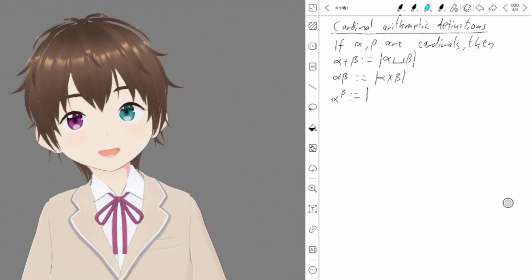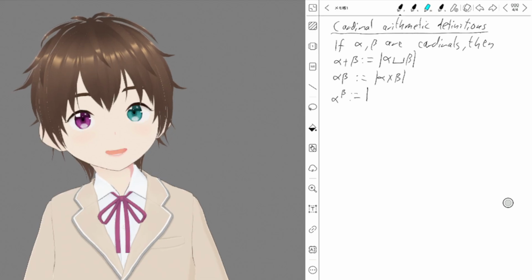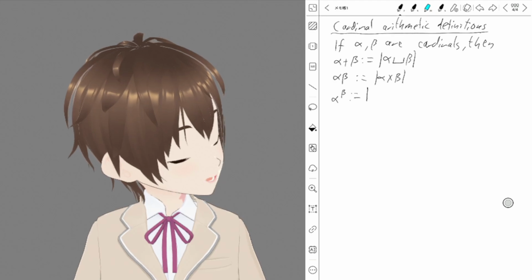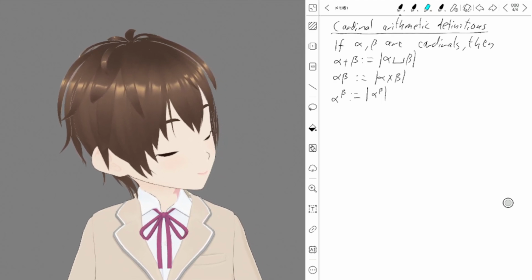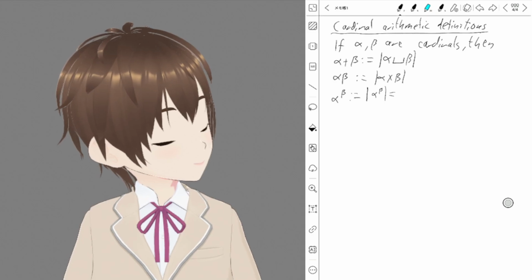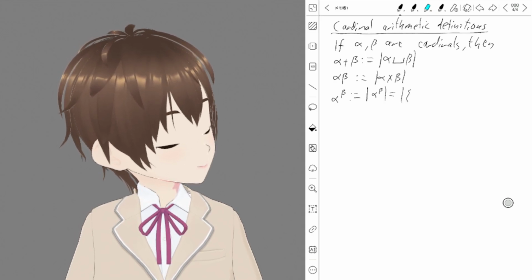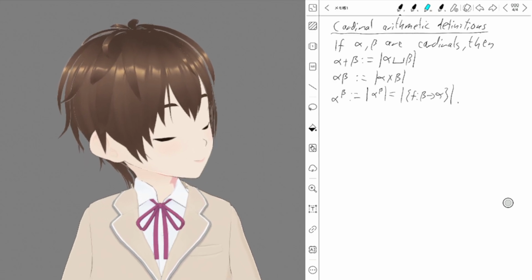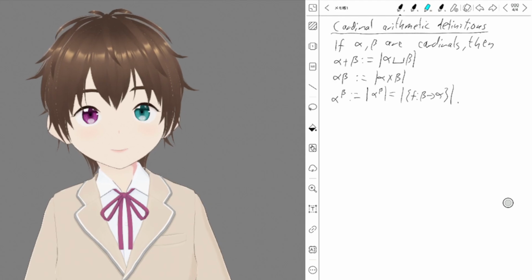And in general, if you have a set to the power of another set, this means the set of functions from the top set to the bottom set. This is the cardinality of alpha to the beta, where this means the functions f from beta to alpha. And these have lots of nice properties, which we want to establish.